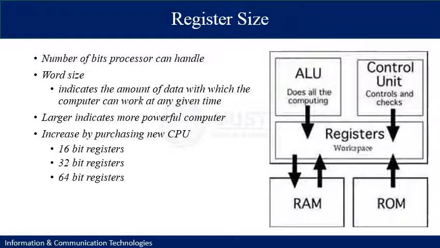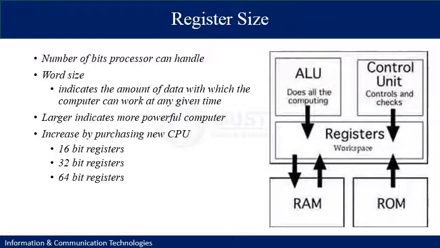Registers also have different sizes. The number of bits the processor can handle specifies the size of the register. It is often termed word size, which indicates the amount of data with which the computer can work at any given time.